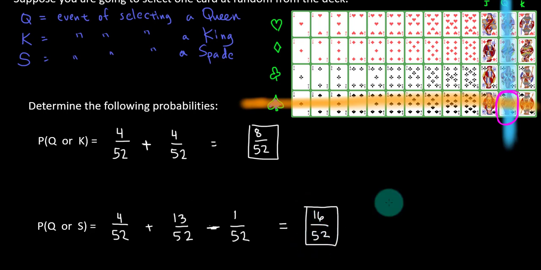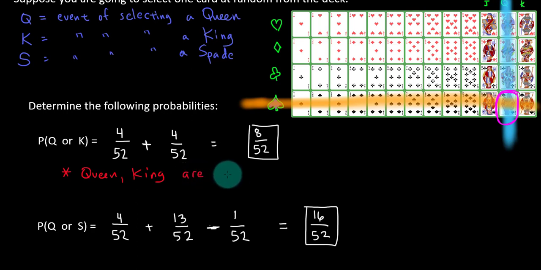Awesome. Let's annotate this just a little bit. A couple notes I would like to make are, how come there was no subtraction on this first quantity? Well, notice, because queens and kings, are they mutually exclusive?